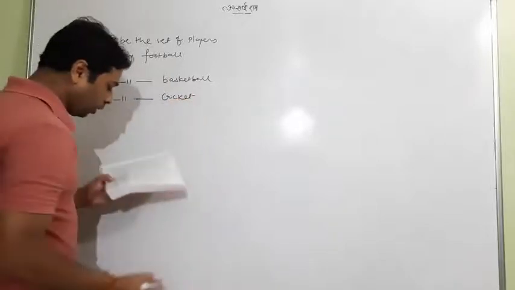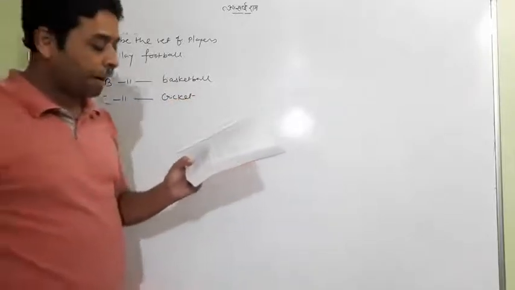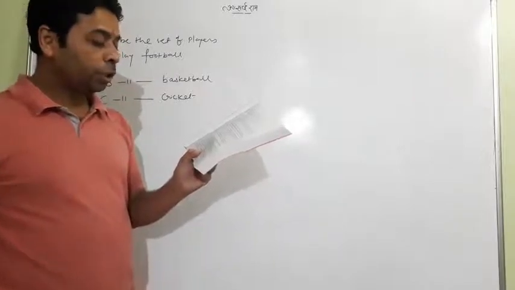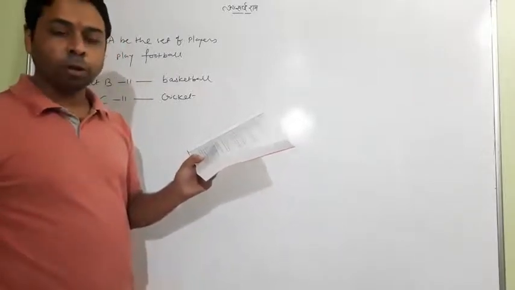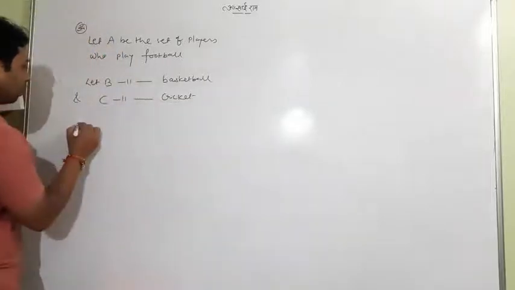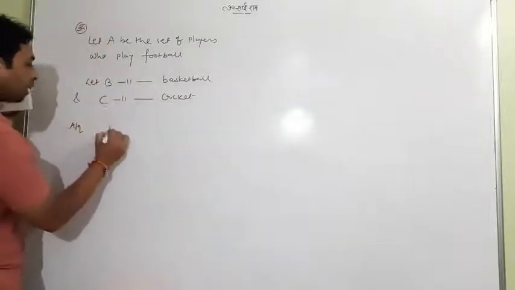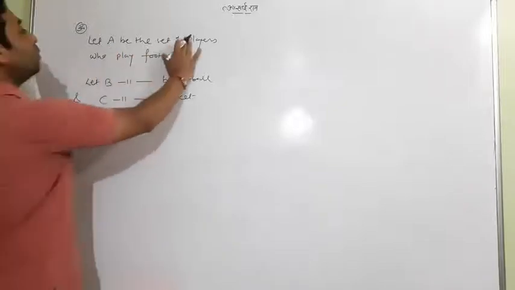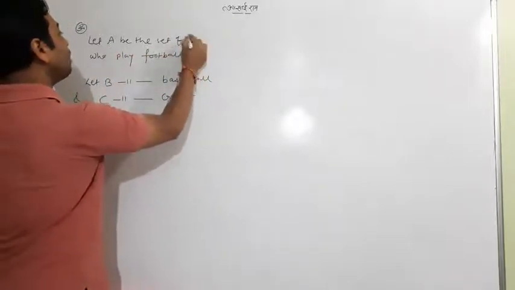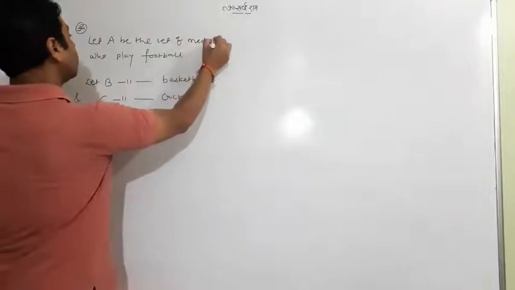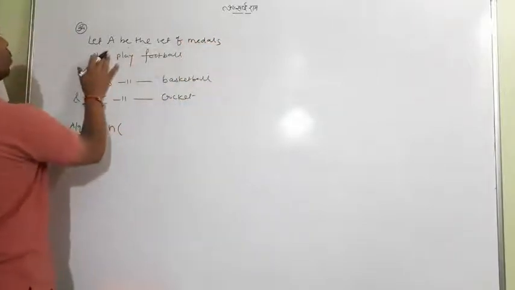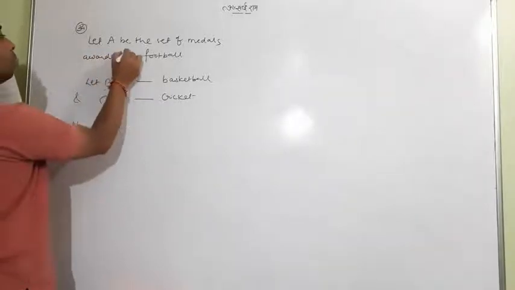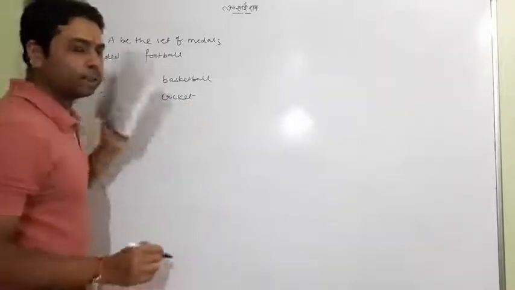As per the question, a college awarded 38 medals in football, meaning A is the set of medals awarded for football, basketball and cricket.